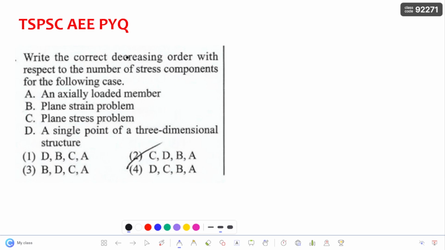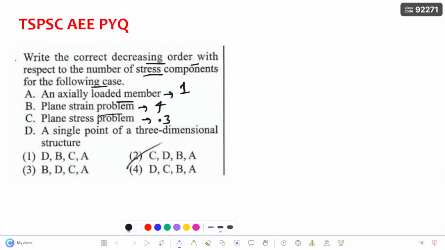And coming to the next question, write the decreasing order with respect to the number of stress components for the following cases. Decreasing order means highest to lowest. Here for an axially loaded member, there is only one stress component. For a plane strain problem, I already explained just now, it is 4 stress components.